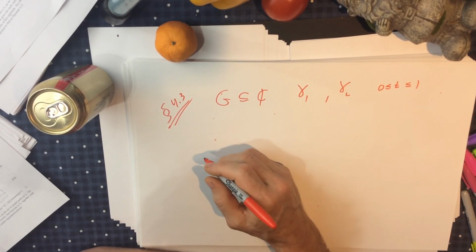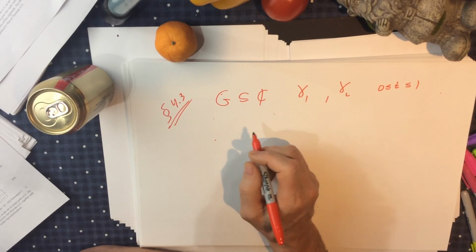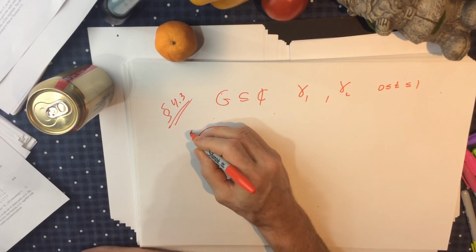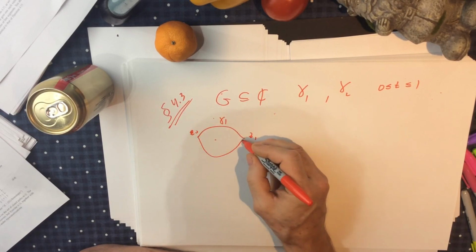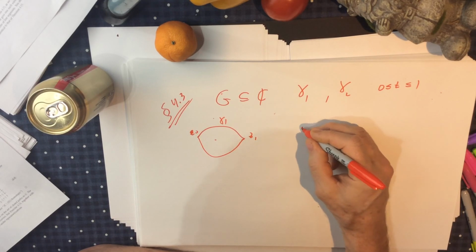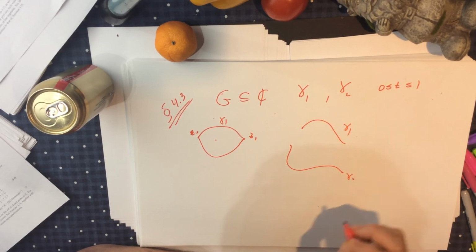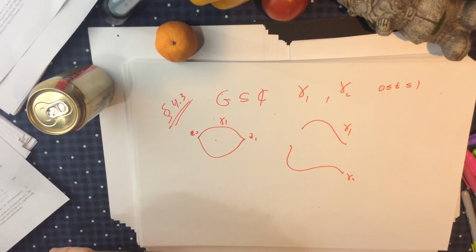Now, what's interesting here is there are 2 things that we could require. We could require them to start at a point and end at the same point. That's fine. Or we could say here's gamma 1 and here's gamma 2, different points. I think this is the most general one, and I'm going to work with that one.